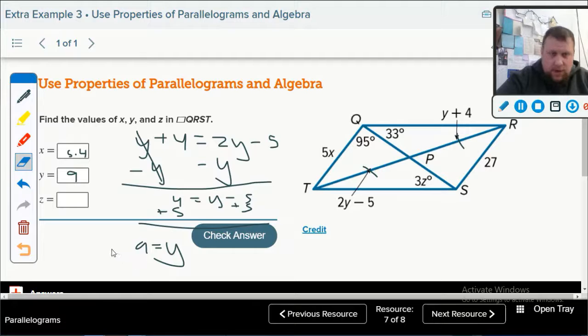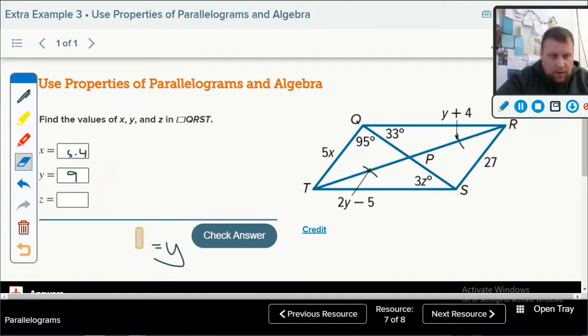So I'm going to erase this, write it down if you need it, and here we go. Okay, so here's what I know now. If these triangles are congruent, then I know that 3z is congruent to 33, right?